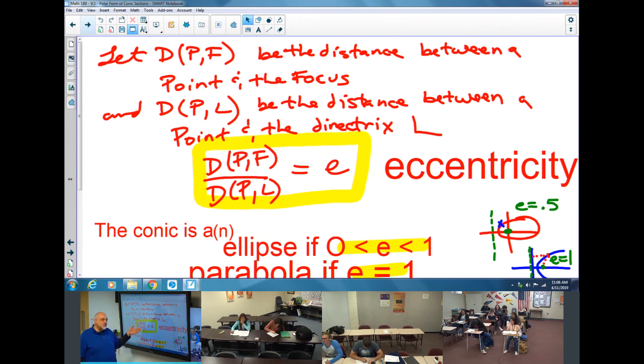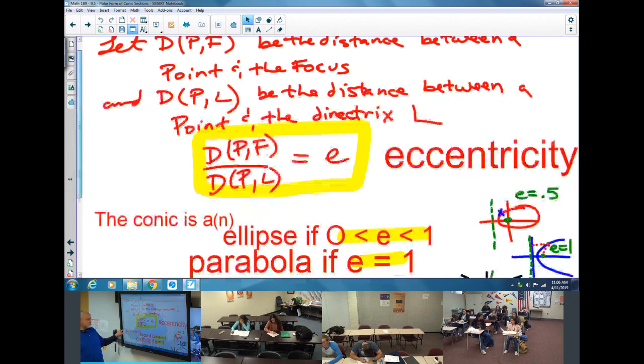Well, that's actually what those were with an ellipse. But this is a more general definition to include all of the conic sections. So the distance from the point to the focus divided by the distance from the point to the directrix, that is E, or the eccentricity.